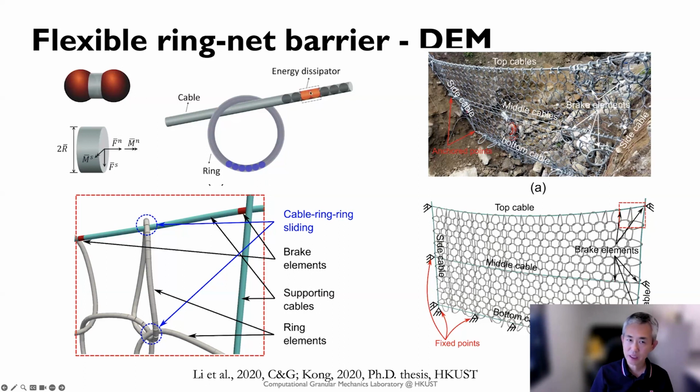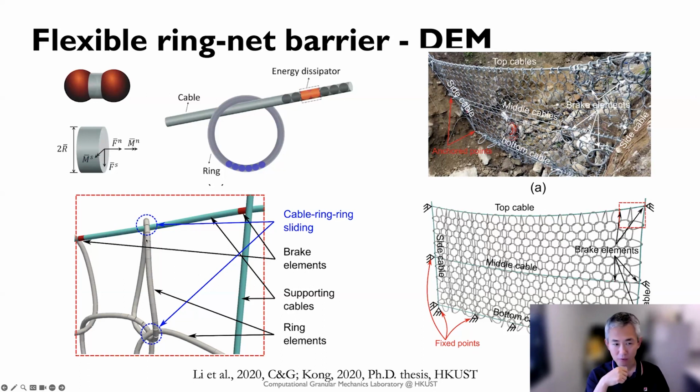Okay, and we can also simulate the cables by bonding particles together. And at a certain part, we can even simulate the so-called energy dissipator. The energy dissipator is a special part of this facility and can effectively dissipate the impact, especially from big boulders, and reduce the damage to this barrier here, right?